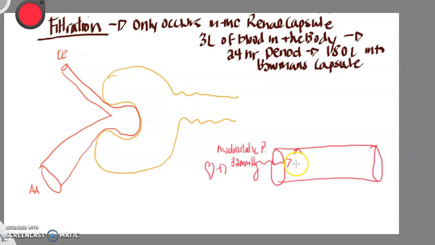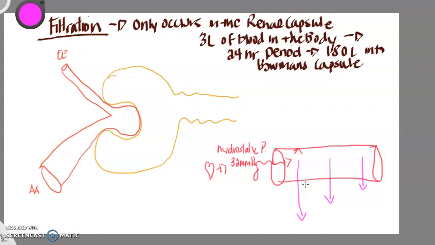So the capillaries are one cell layer thick. So what's happening in there? Well, stuff's getting pushed out. And as the blood goes down the capillary bed, that hydrostatic pressure gets less and less. Over distance from the heart, it started at 180 or whatever millimeters of mercury, and then as it went through the arteries and to the arterioles, it got less and less as it got further away from the heart.